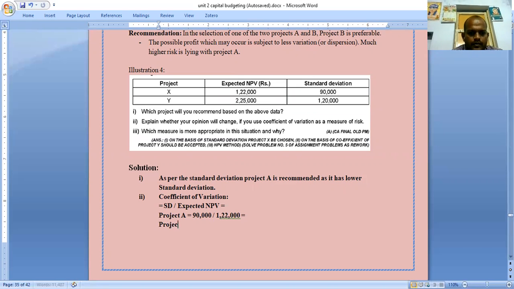Project B is equal to 1,20,000 divided by 2,25,000. So values will be 0.738 and 0.533.